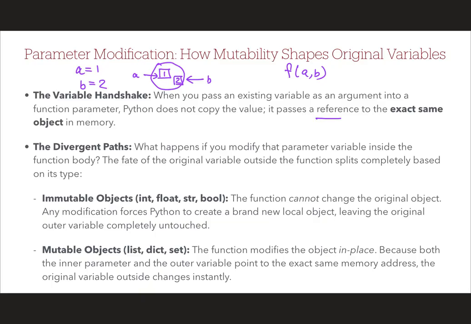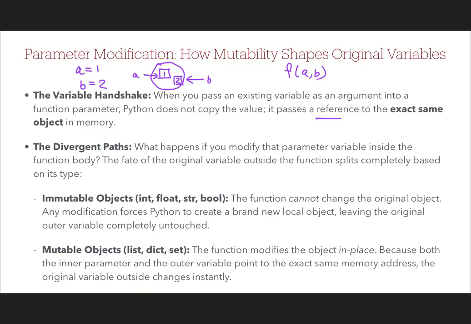That's what happens in many other languages. In Python, when you call this function f with the names of the variables like this, f of a and b, then the actual location of these two values, 1 and 2, will be given to the parameter.